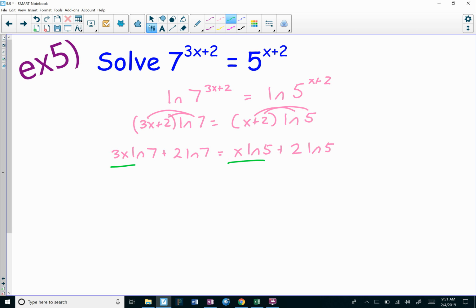Okay, this has an x, this has an x. So they're both positive, so I just need to pick a side here. So I'm going to subtract the x natural log of 5, which means I need to subtract the 2 natural log of 7.